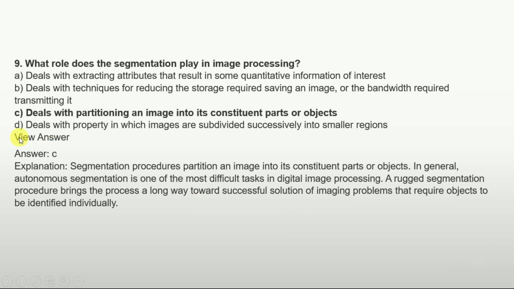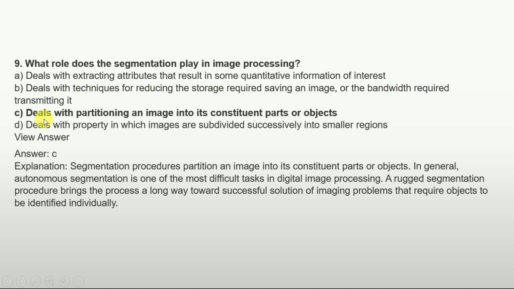So the next question is, what role does segmentation play in image processing? Option A is dealing with extracting attributes that result in some quantitative information of interest. Option B is dealing with techniques for reducing the storage required to save an image or the bandwidth required to transmit it.